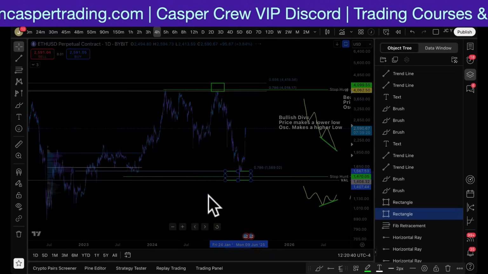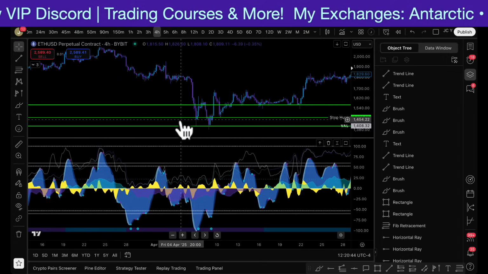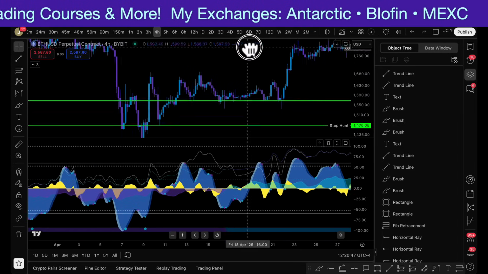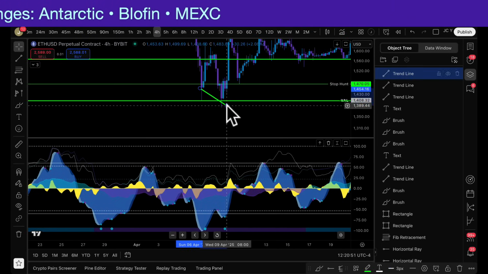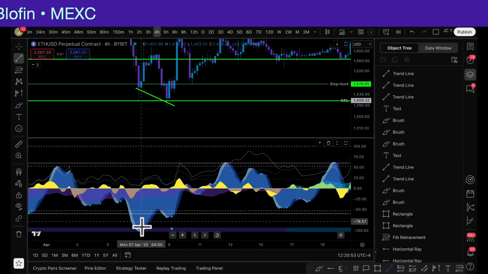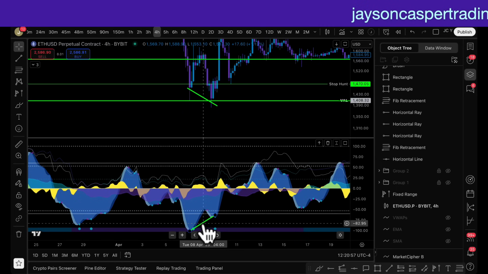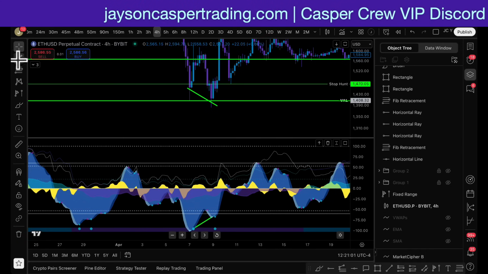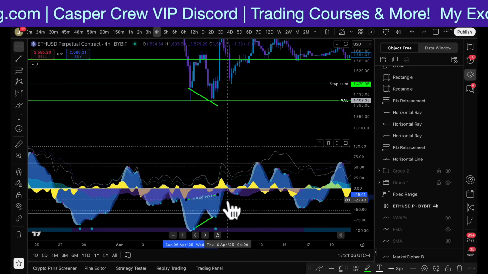Now, when we go to the 4-hour time frame here and we zoom in, look at what we see. As the price is getting lower, making lower lows, like we see right here, the oscillator is making a higher low. Now, something very important here, and this applies specifically to Market Cipher: our money flow on Market Cipher is also making a higher low.